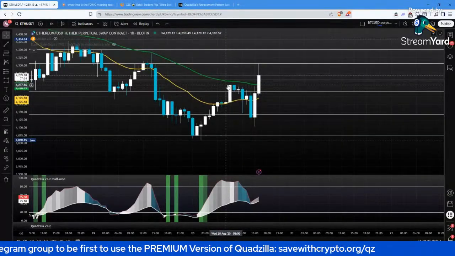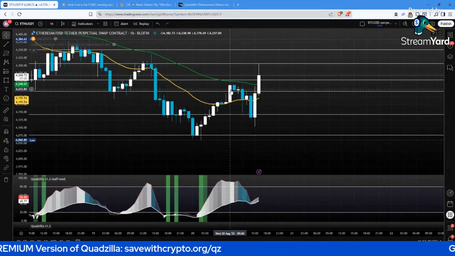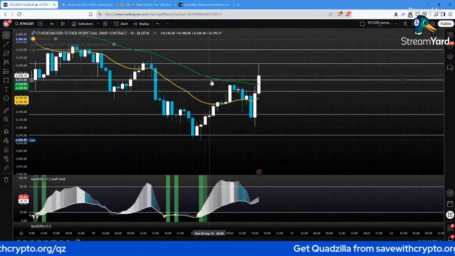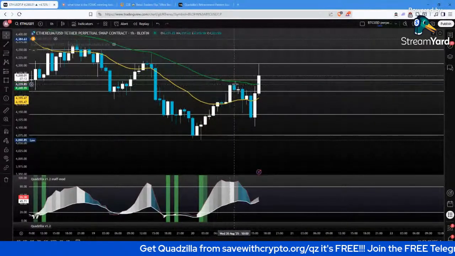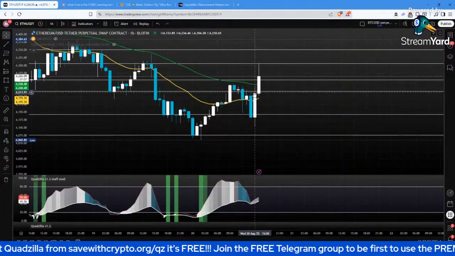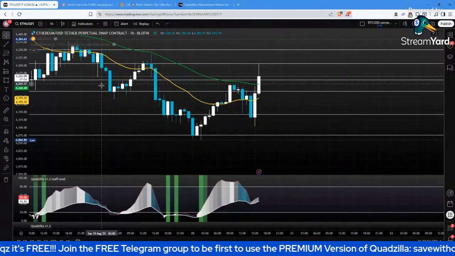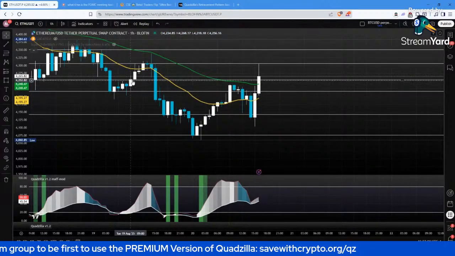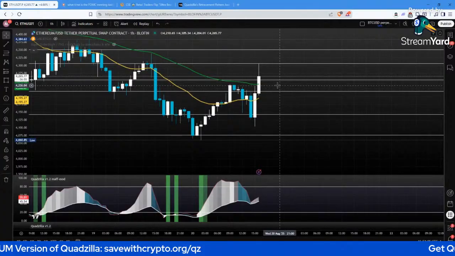It poked up into this zone here, stayed there not for very long, just came down again. Then back in again. Maybe that particular zone wasn't very valid as a zone, but here there was some more liquidity building within it.